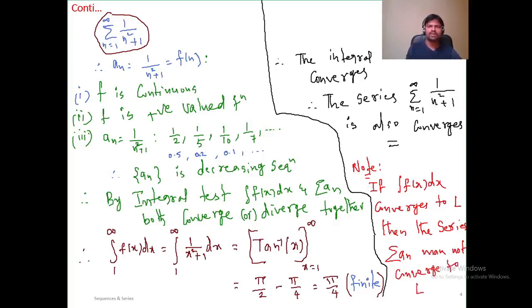I cannot say that the series value is also pi by 4. That is wrong. Okay, that's what I'm going to say.